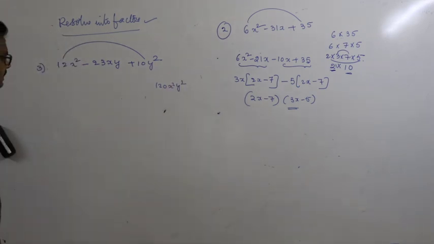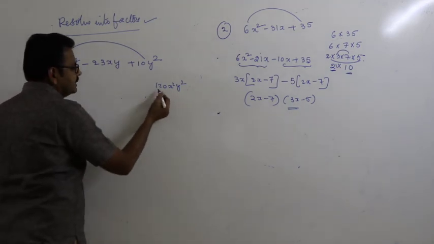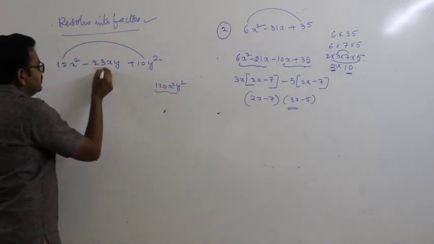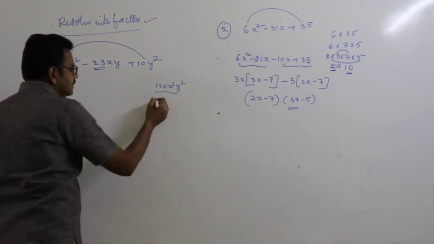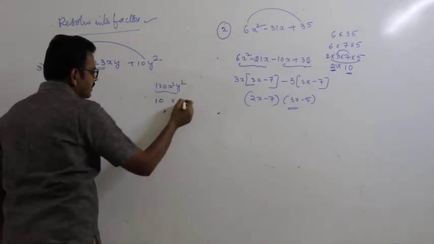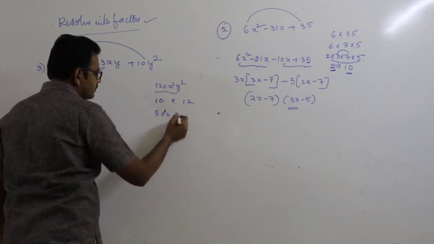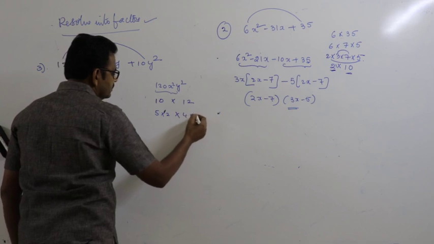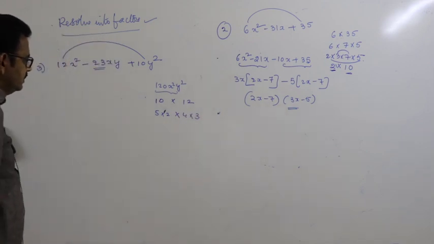Select the factors such that their product is 120 and their sum is minus 23. So this is 10 into 12, 5 into 2 into 4 into 3.